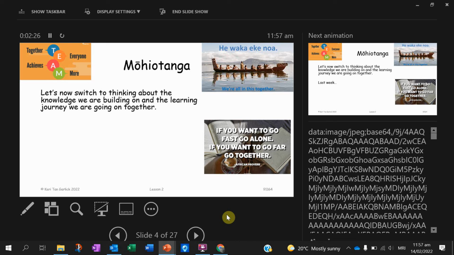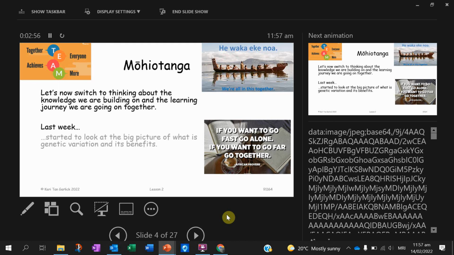The other thing I like to think about is this African proverb, which looks at thinking about destinations. If you want to get to a destination fast, go alone. It's very easy to work by yourself and just get there and be really efficient. But if you want to go further, then you should be going together because you can all collaborate and help each other get to that endpoint. And I really want us to think about that as a class. And so we shouldn't be derailing each other. We should really be supportive of each other.